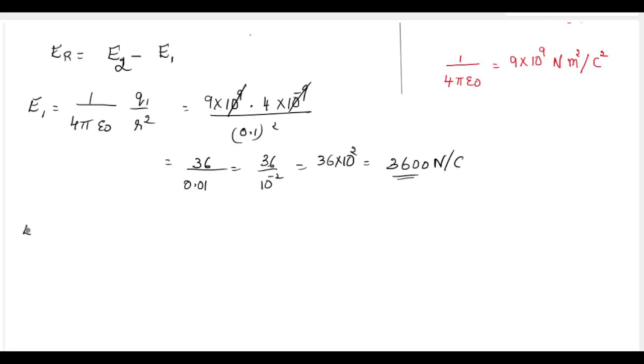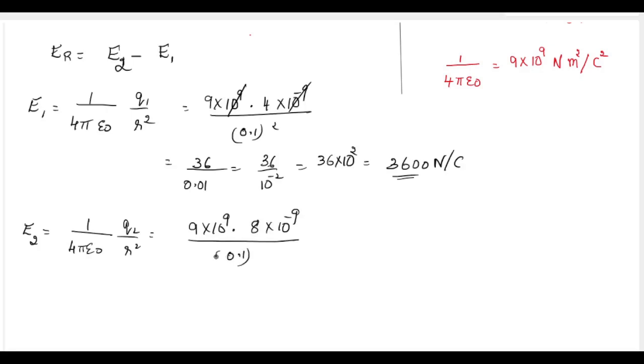Now the electric field E2 at midpoint O is given by 1 by 4 pi epsilon naught Q2 by R square, which is equal to 9 into 10 to the power of 9 into Q2, that is 8 into 10 to the power of minus 9, divided by 0.1 the whole square, which is equal to 8 9s are 72.